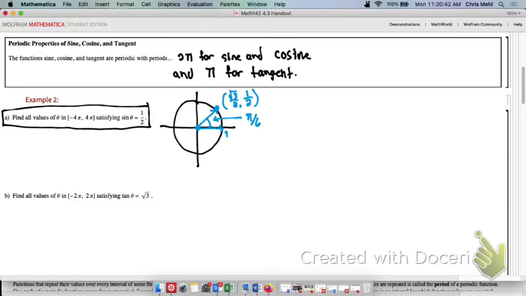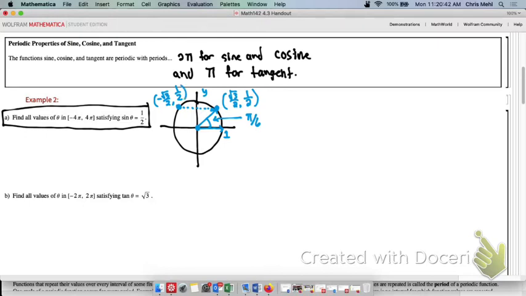And again, this is on the unit circle with radius 1. There is another angle between 0 and 2 pi that has a y-coordinate of 1/2. If you like, you can think about it by reflecting over the y-axis. The coordinates of this point are minus root 3 over 2 comma 1/2.